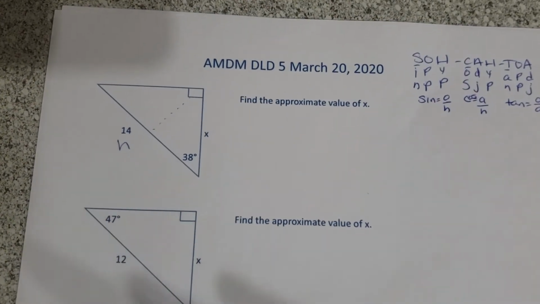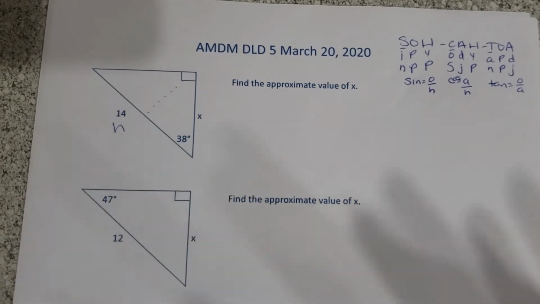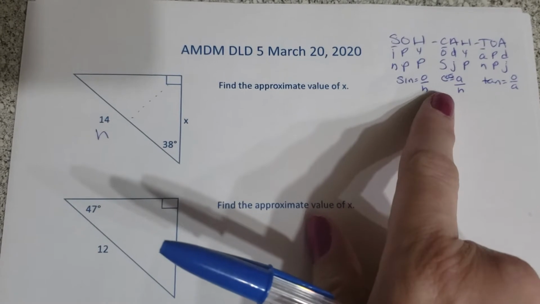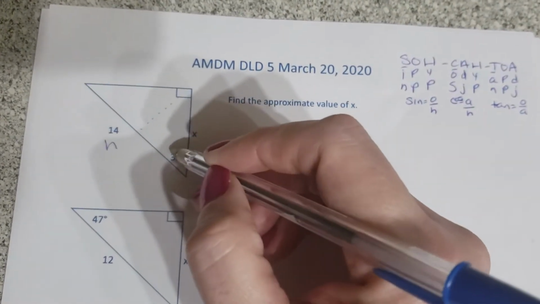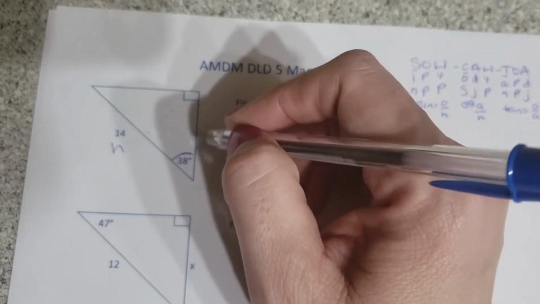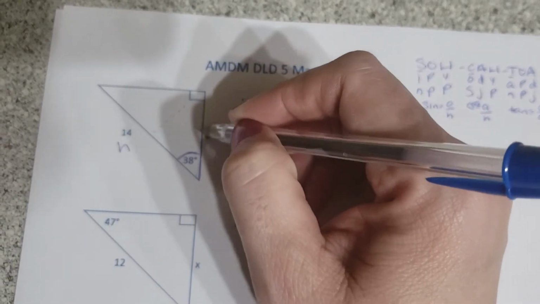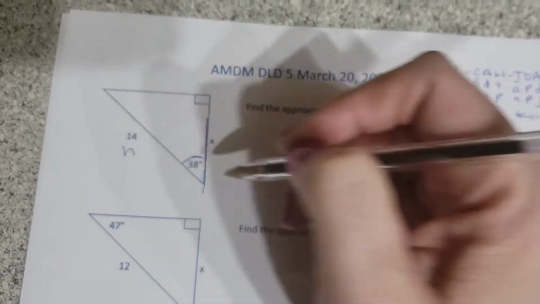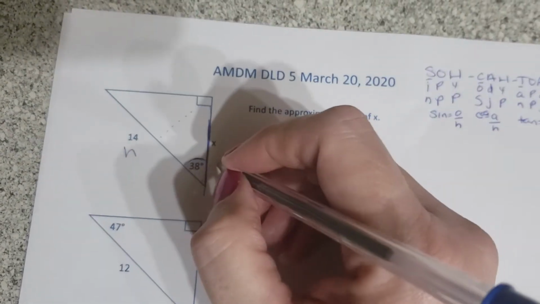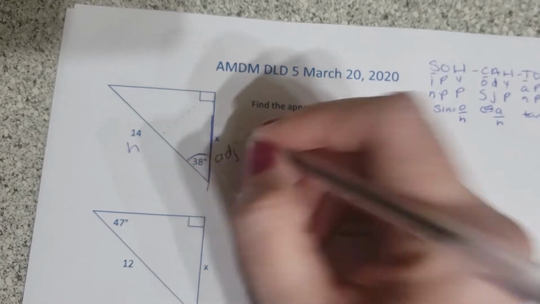Next, I have to figure out what sides I have and what I need so that I can pick a trig function. Well, if this is my reference angle right here, the X is right next to the reference angle. It actually makes up one of the sides of the reference angle. So that means it's the adjacent side.